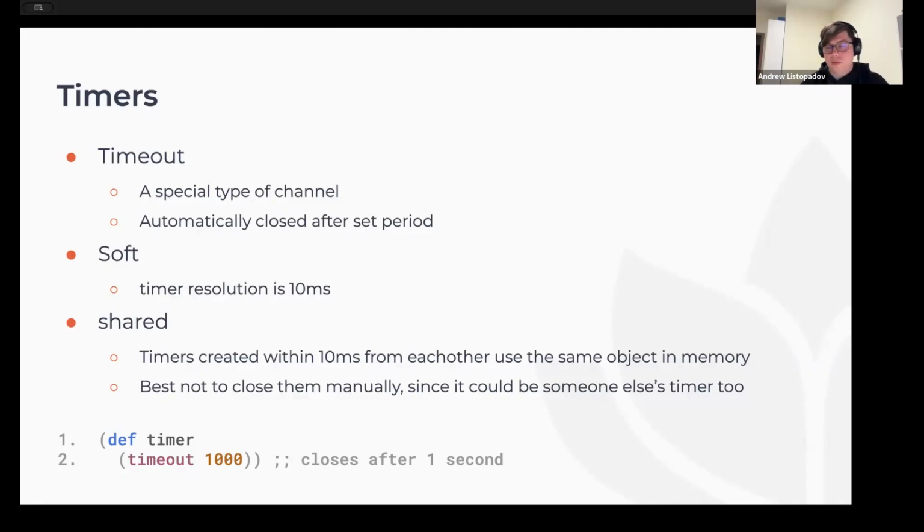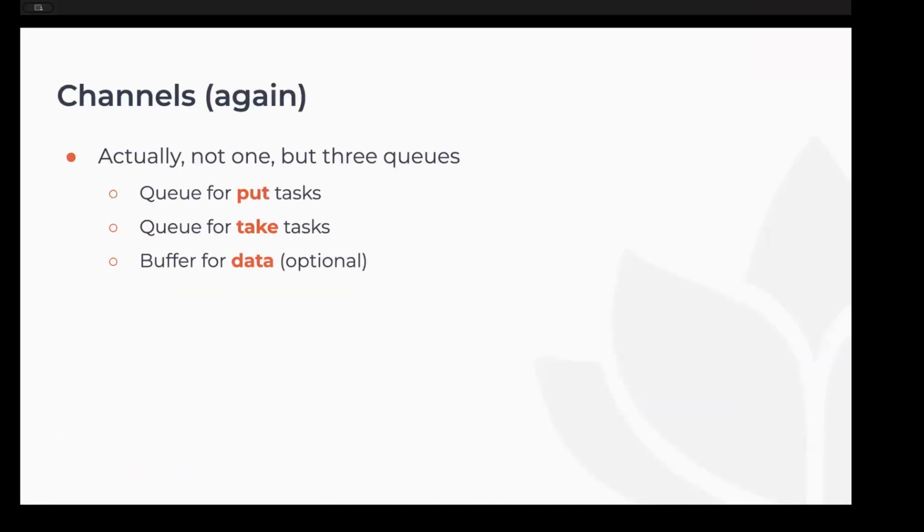And even though it's like a regular channel, and, sorry, yes, sorry for the interruption. When you talk about the channels on the slide, two slides before, one more, you said this buffer for data is optional. What is this about? I'm a little bit confused on that. This buffer for data optional, where does this go in the pictures?